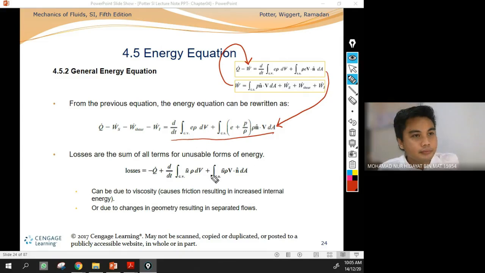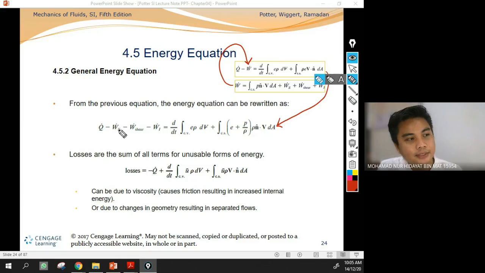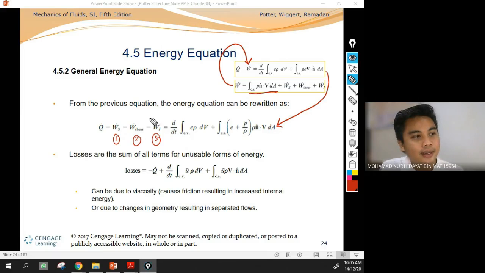Right? And suddenly you realize that there are only 3 terms. 1, 2, and 3. What happened to the 4th term? We have 4 components, remember? 1, 2, 3, and 4. But this one is missing suddenly, because actually there is a component of this.